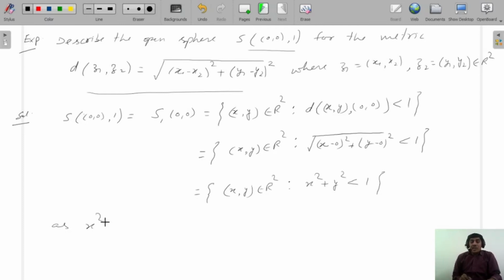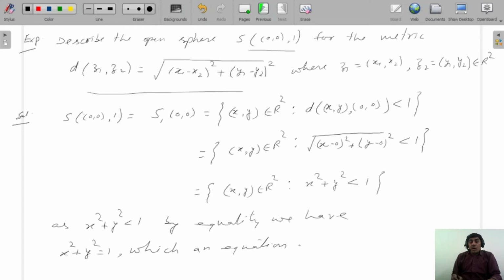As x square plus y square is less than 1, by equality we have x square plus y square is equal to 1, which is the equation of the circle whose center is (0, 0) and radius 1.